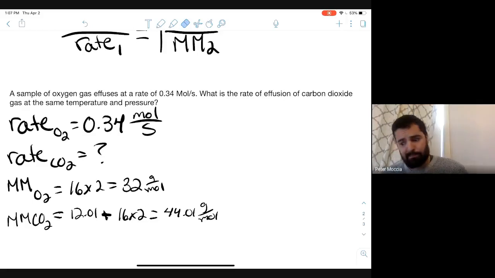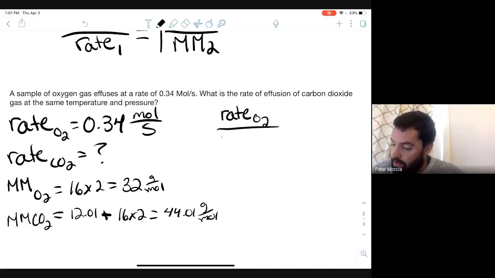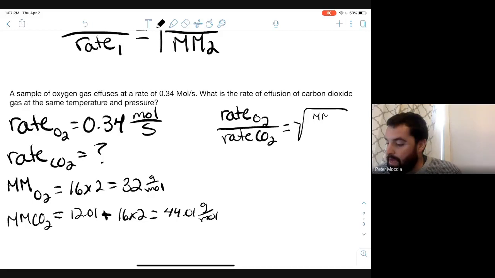So now I'm going to plug these in. I'm going to say rate of O2 over rate of CO2 is equal to the square root of the molar mass of CO2 over the molar mass of O2. Remember, they are diagonal from each other.